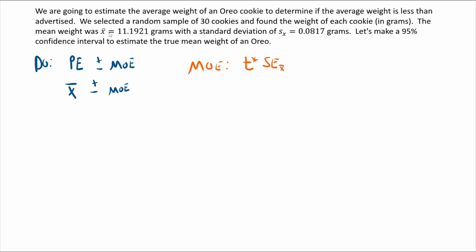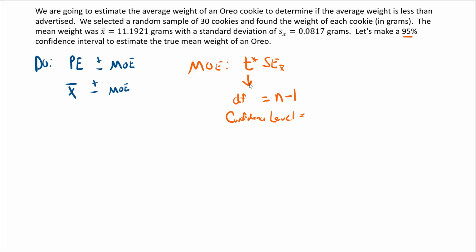All right. So first off, to find the t star, it's going to take a little bit of an extra step, because it doesn't just worry about being 95% confidence like we had to deal with for our z star. For the t star, you're going to worry about degrees of freedom and your confidence level. Degrees of freedom is always going to be your sample size minus 1.